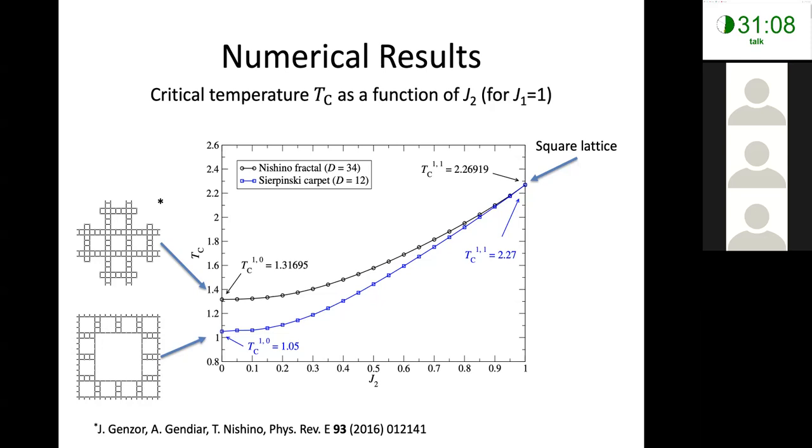And here we also plot some preliminary results for the Sierpinski carpet. The critical temperature also increases. However, I didn't find in the literature an estimation of this critical temperature for a pure 4x4 Sierpinski carpet, so I couldn't compare this.